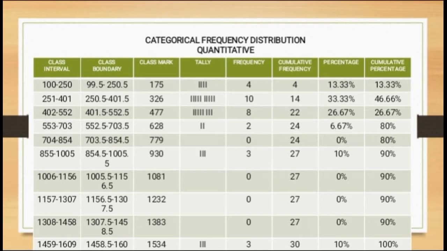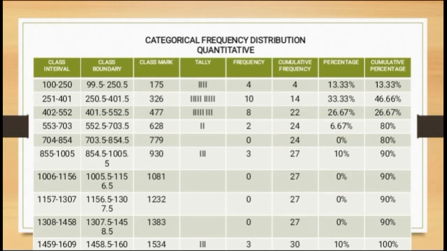So our class boundary is 99.5 plus 250.5, divided by 2, equals 175, and that is our class mark. 250.5 plus 401.5 gives 326. 401.5 plus 552.5 gives 477, until the last, 1,458.5 plus 1,609.5 divided by 2, which is equivalent to 1,534, and that is the end of our class mark.